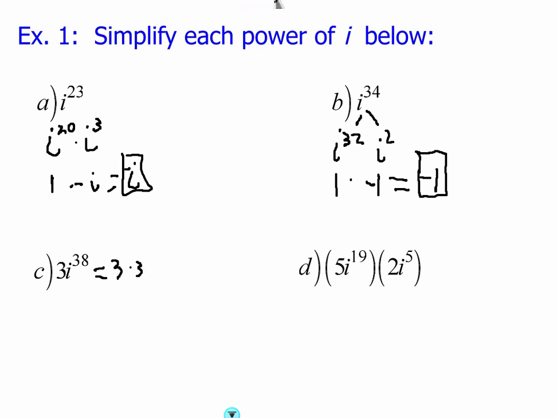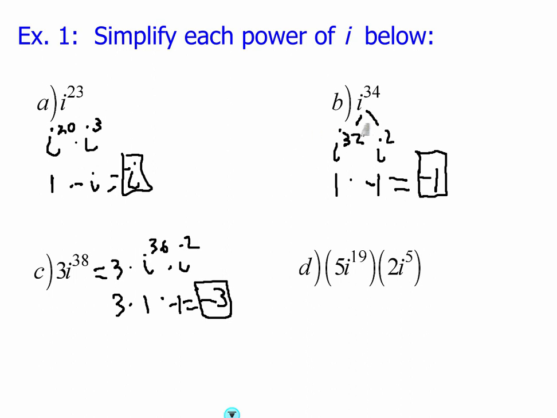And 38 minus 36 is 2, so that's i squared. So if I simplify these, this is 3. i to the 36 is 1. Any i with a power that's a multiple of 4 is just 1. And i squared we know is negative 1. So now I've got 3 times 1 times negative 1, which is negative 3. That's our answer here.